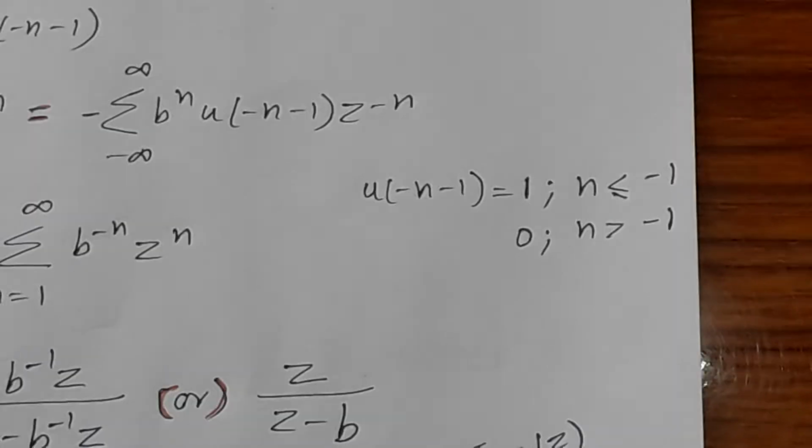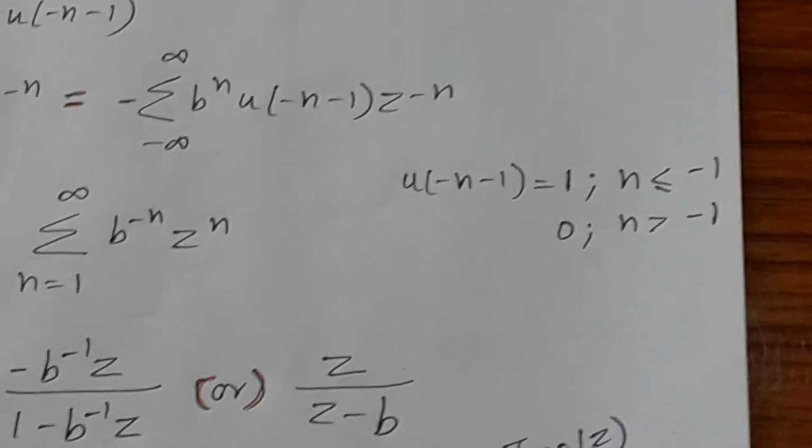So now what will be the limit? When you remove this u of minus n minus 1, the limit changes to minus infinity to minus 1, because it has value only from minus infinity to minus 1.